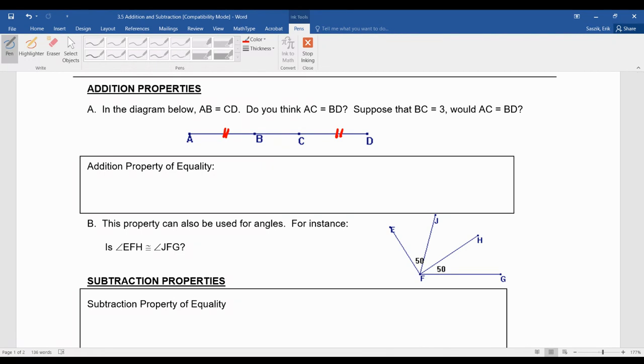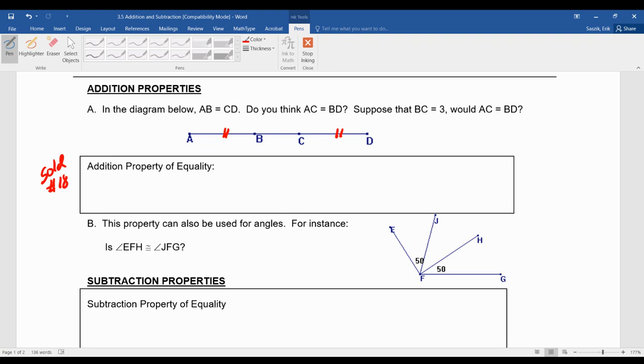This is from our reason sheet, our gold sheet number 18, and it says if the same segment is added to congruent segments, then the sums are congruent.